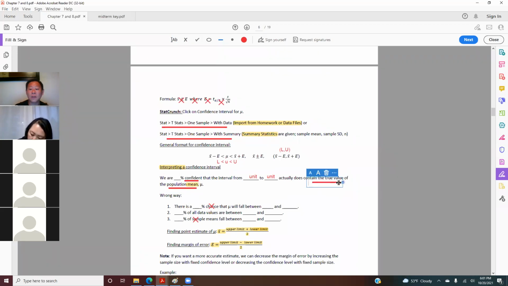True value is important. These are the keywords I'm looking for when you do your interpreting, in your homework and your test. Don't use the word chance, don't use the word sample, make sure everything is in population. So this is 7.2, the notes.